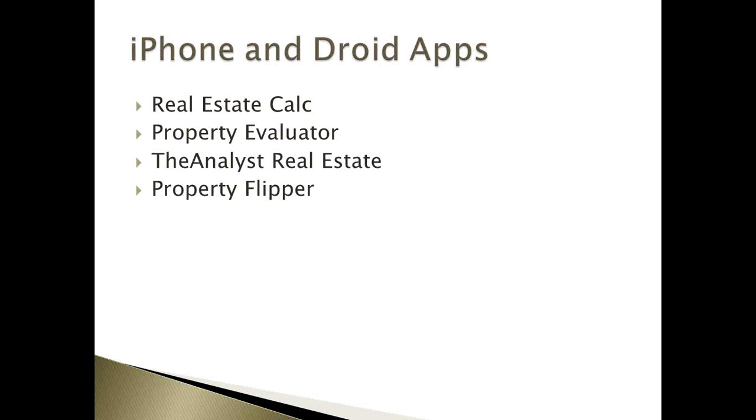One of them is a calculator or an analysis tool that you can use on your iPhone or Droid, and the other tool is a home search tool. Folks like Realtor.com and Zillow and Trulia and all those guys have national level apps where anybody can search for a property on their iPhone.